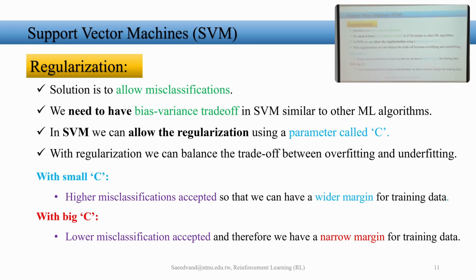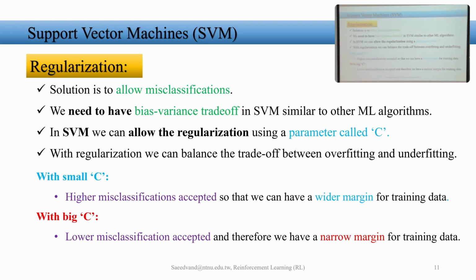If I consider these data points here and the other class over here, then my classification will look like this, because when the margin is increasing, my number of misclassifications is increasing too.